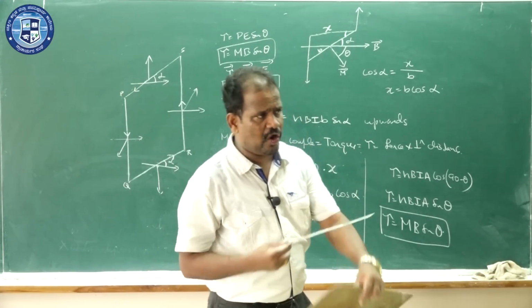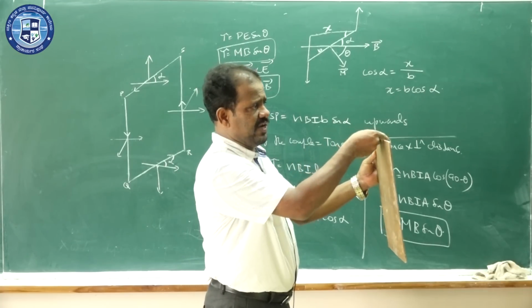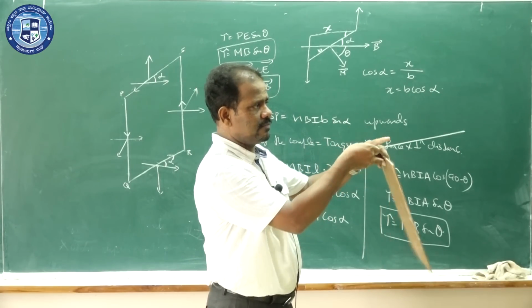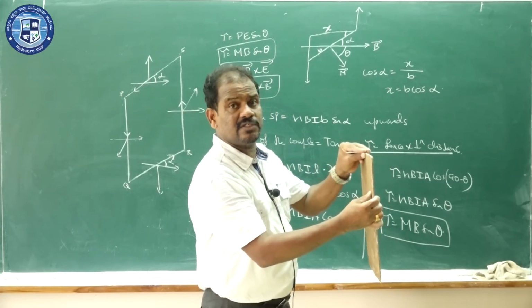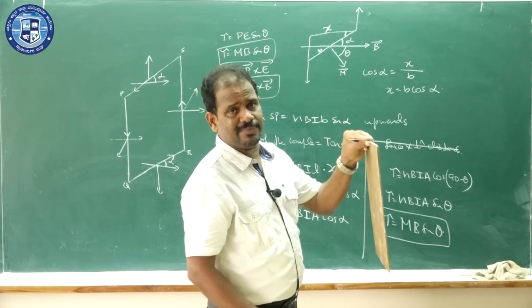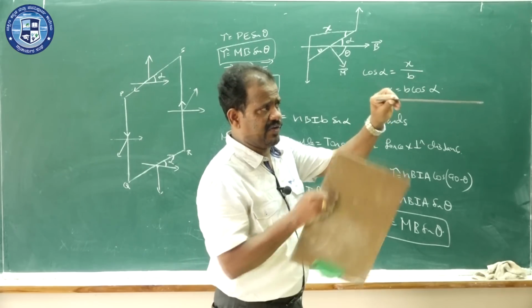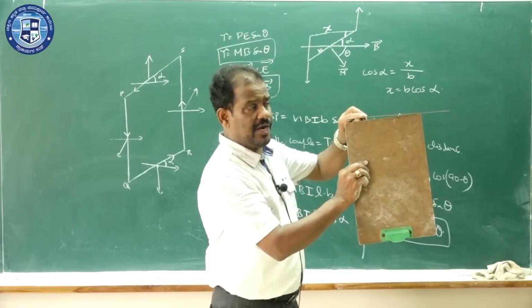Therefore, if this is the coil and this is the magnetic field, now theta is 0, and there is no torque; the coil will remain there only. If this is the magnetic field and this is the coil, now theta is equal to 90 degrees.